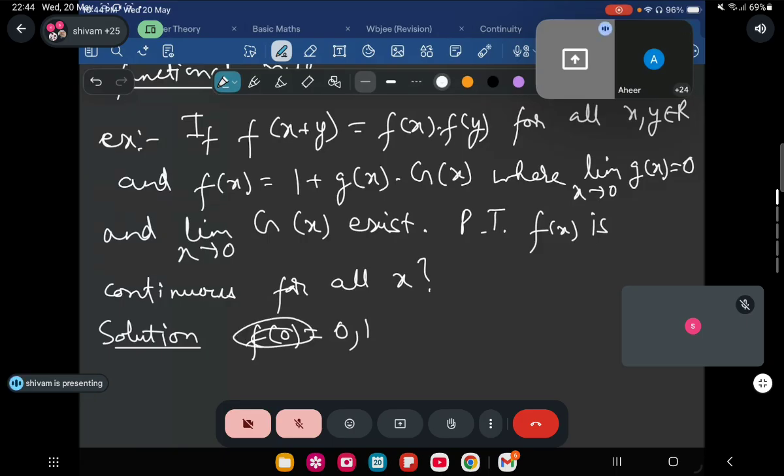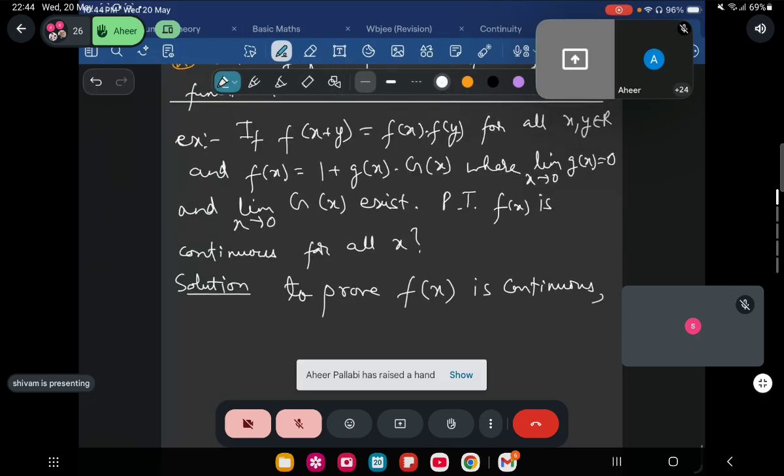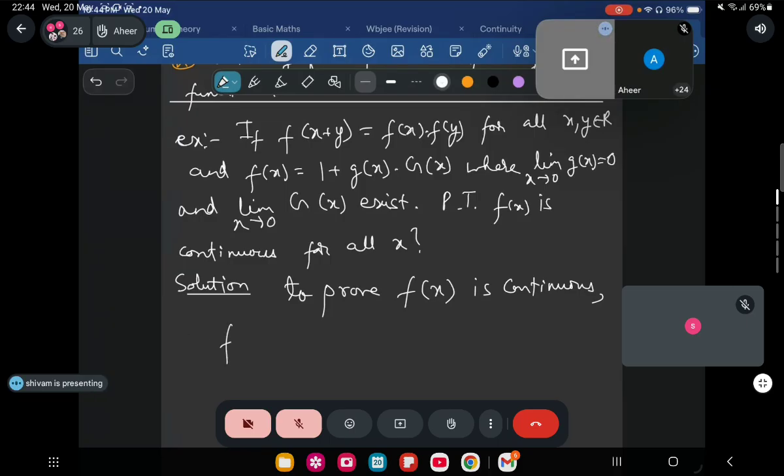Pay attention, everyone. Over here, to prove f of x is continuous, if I just prove that limit h tends to 0, f of x plus h is equal to f of x, my problem is done.